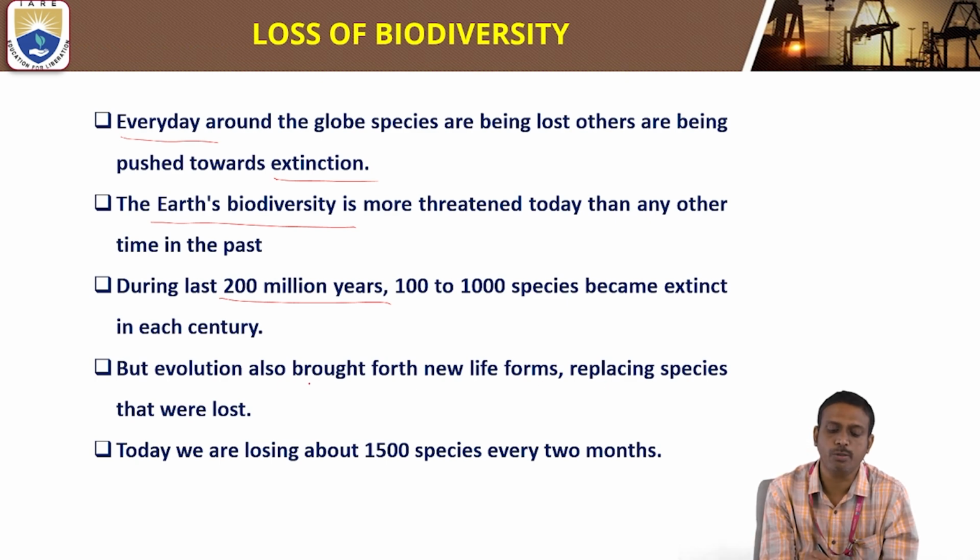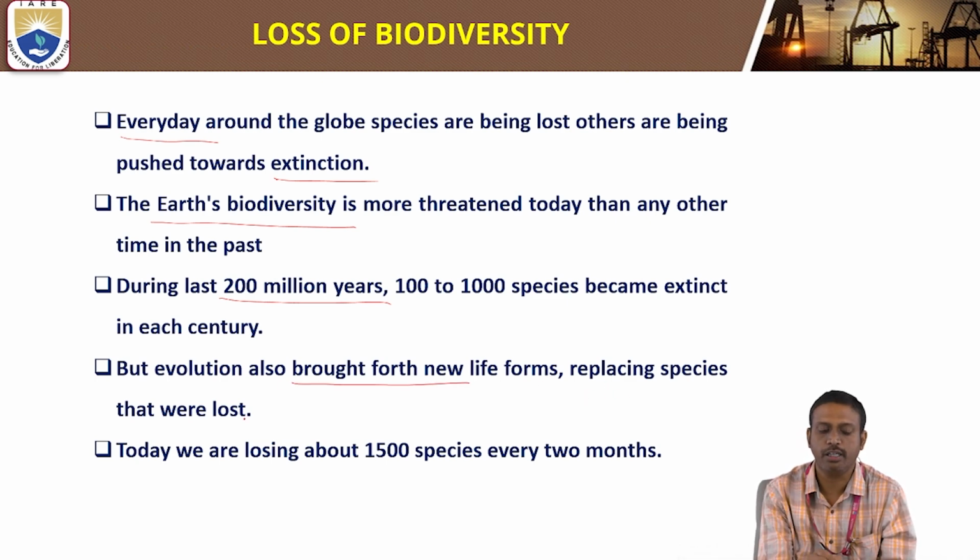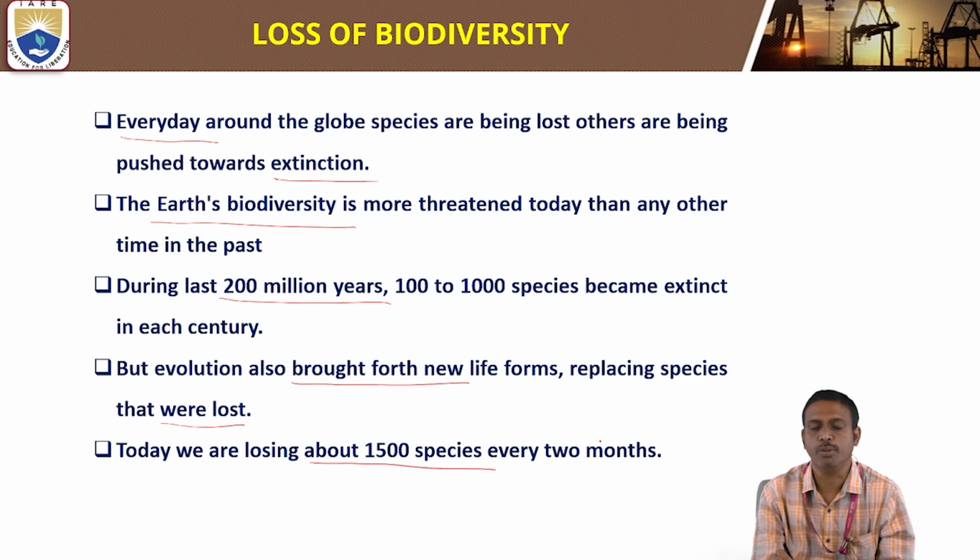But evolution also brought forth new life forms, replacing the species that were lost. Today we are losing about 1500 species every 2 months because of this loss of biodiversity.